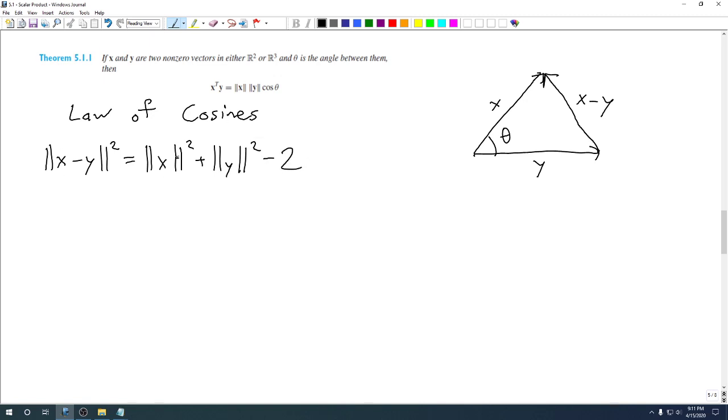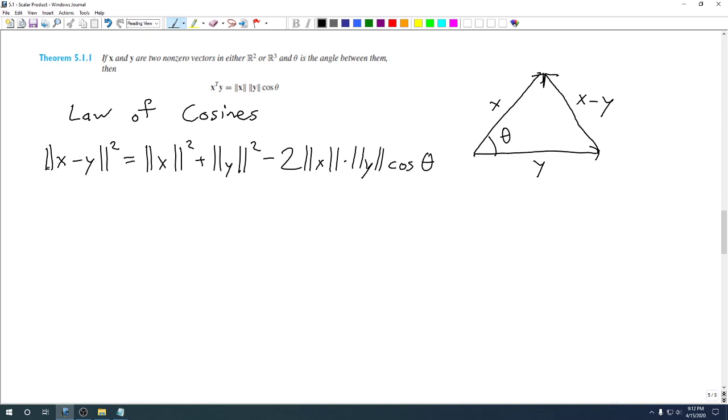So right now it kind of looks like we're using the Pythagorean theorem. And if theta was a right angle, then this correction factor is 0, so we don't even need it. But if it's not 0, then we also have minus 2 times the product of the magnitudes, or the product of the lengths of the sides next to the angle, times the cosine of that angle. This is the law of cosines. And we're going to use that in the context of vectors.